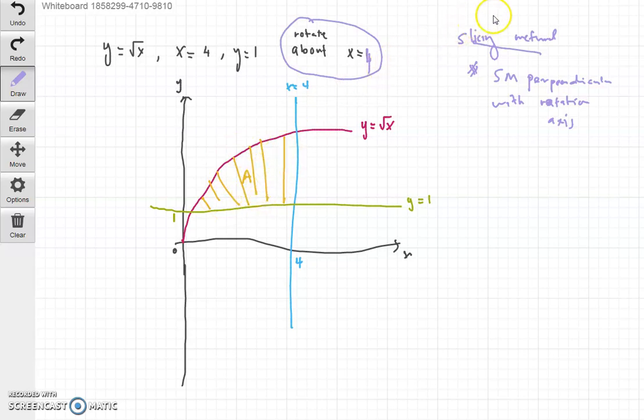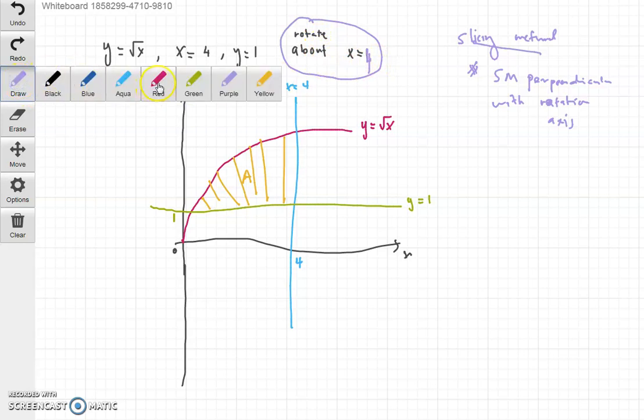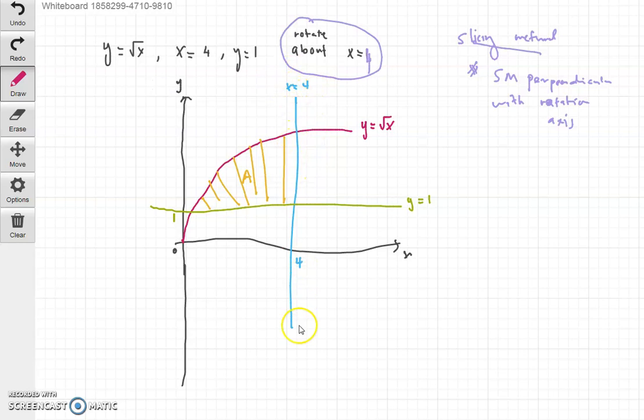So next we are going to go for our slicing method. As we know, the rule of the slicing method is that the slice must be perpendicular to the rotation axis. So now where's our rotation? We are going to rotate it about x equals 4, which is the blue line.